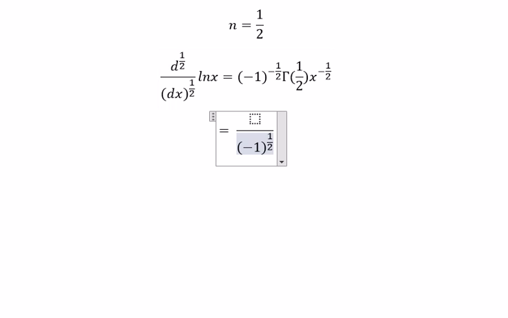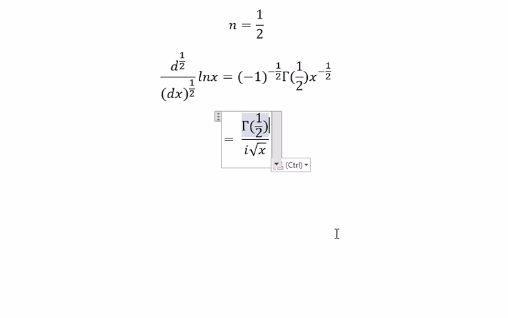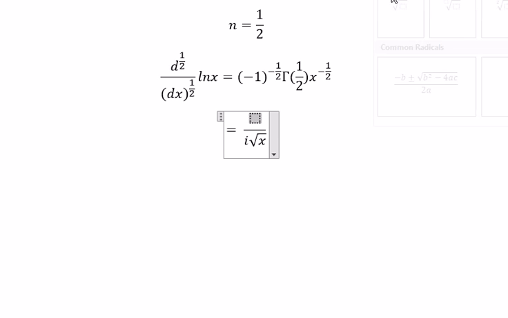This one we can change to the square root of x. This one we can change to the square root of negative 1. We know that the square root of negative 1 can be changed to i, which is the complex number unit. And the last one we have is gamma of 1 over 2, and we know that gamma of 1 over 2 can be changed to the square root of pi.